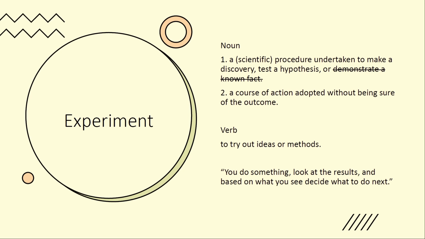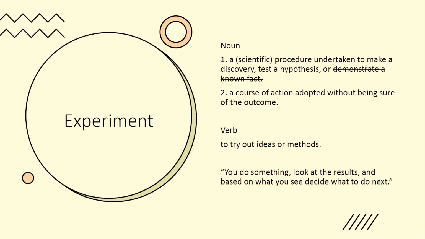And sometimes we might also experiment to just be sure that what someone else is telling us about how certain materials work is actually the way that they work. So that's maybe where we might experiment to demonstrate a known fact. But certainly when we talk about the experimental in art, we're thinking more about the first two definitions.